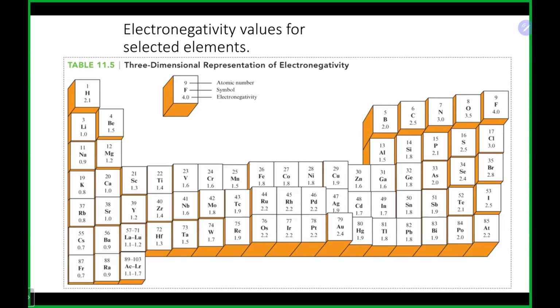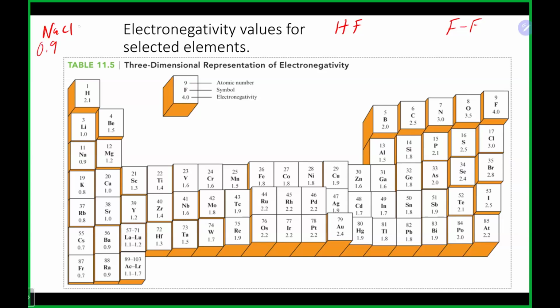So let's take some examples to show how this works: sodium chloride, HF, and we'll also do F2. For sodium chloride, we go to our table and find the value for sodium, which is 0.9, and chlorine, to the right there, looks like 3.